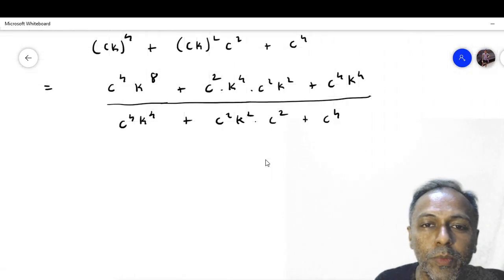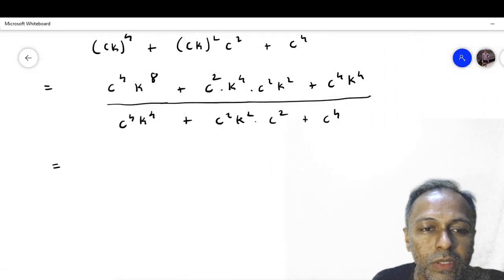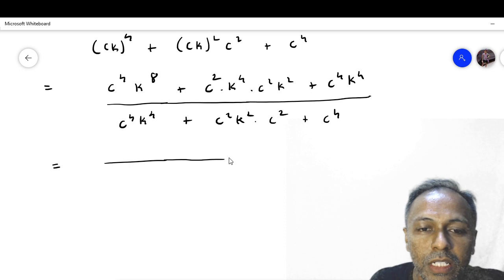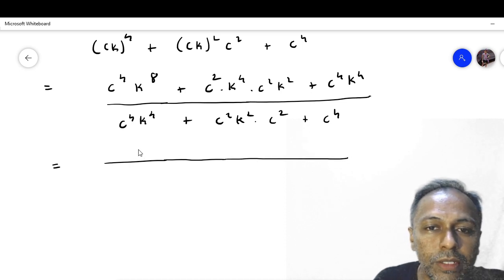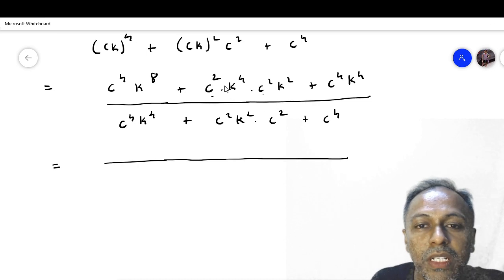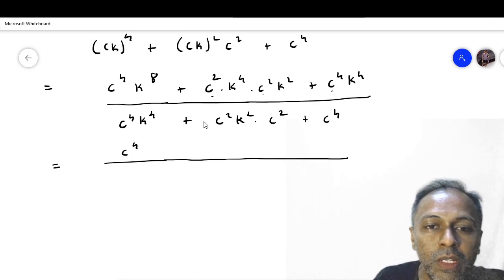Whatever you can take common in numerator and denominator. Clearly c raised to 4 is looking common in numerator. We can take that common, right? This c square and c square will become c raised to 4, 2 plus 2 power. This is also c raised to 4.